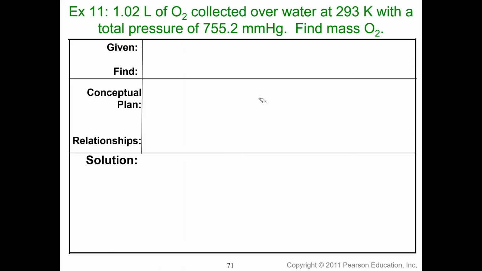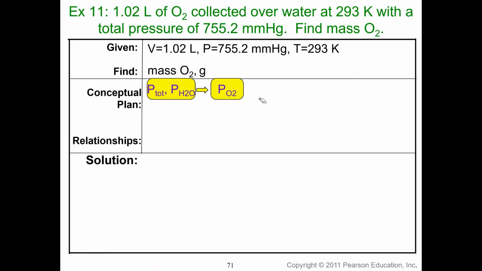So you need the temperature in order to look up the water vapor pressure. Here, temperature is given, so you can refer to your textbook or simply Google and find the vapor pressure of water at that particular temperature.